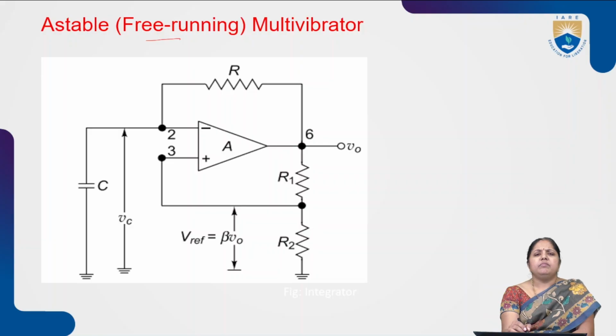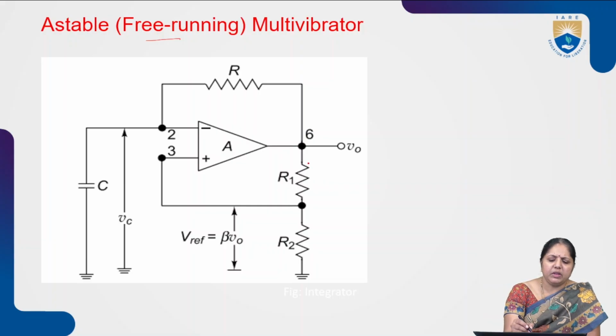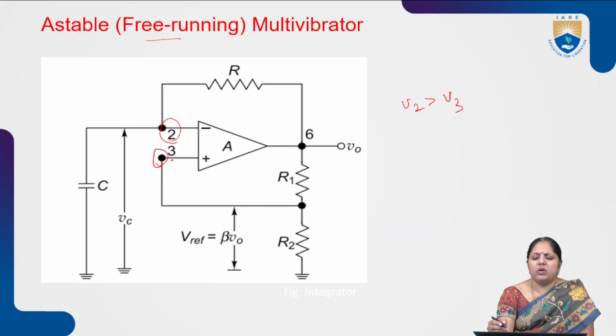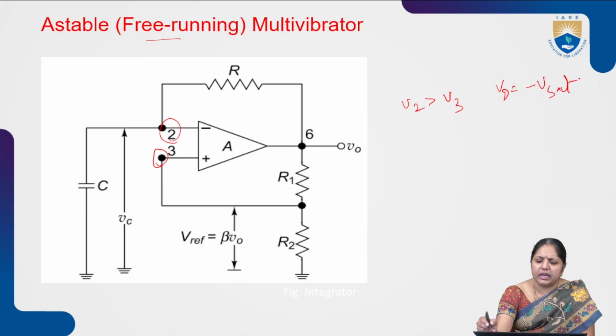In this mode, the op-amp works as a comparator. It simply compares the inverting terminal and non-inverting terminal voltages. If the voltage at V2, the inverting terminal, is greater than the voltage at V3, the non-inverting terminal, the output V0 will go to minus Vsat.